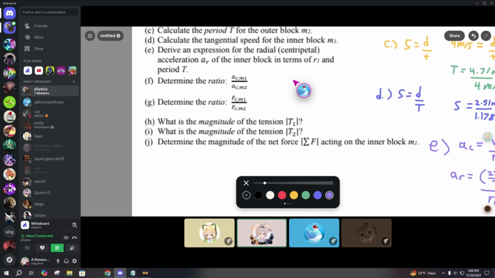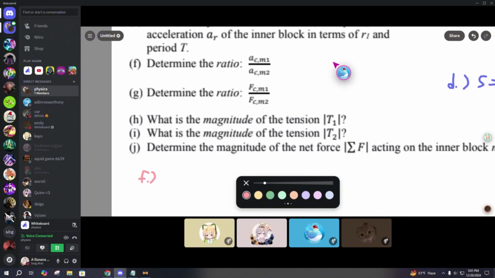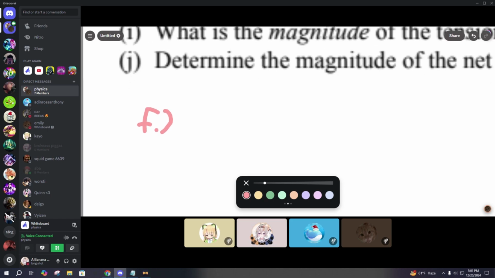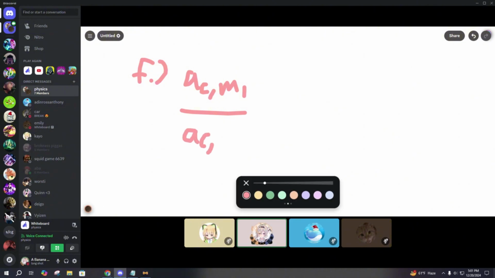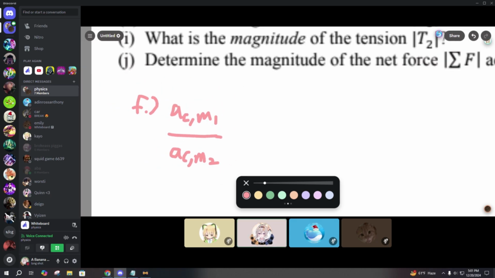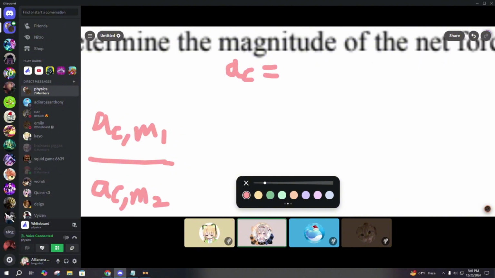Now F, we're going to find the ratio. Once we determine the ratio, AC M1 over AC M2, which is just the centripetal acceleration of M1 over the centripetal acceleration of M2. Well, I know that AC is going to be equal to V squared over R, right?